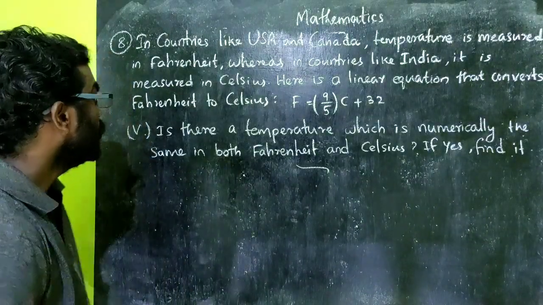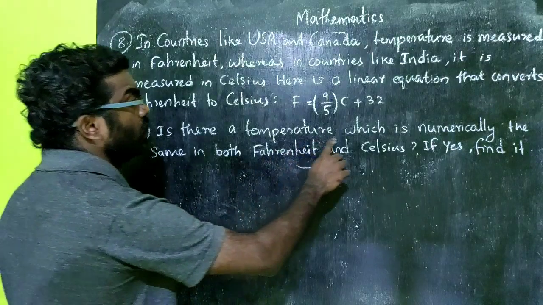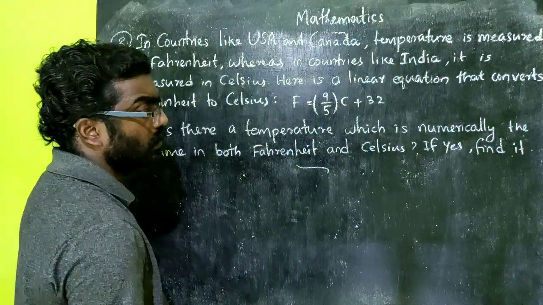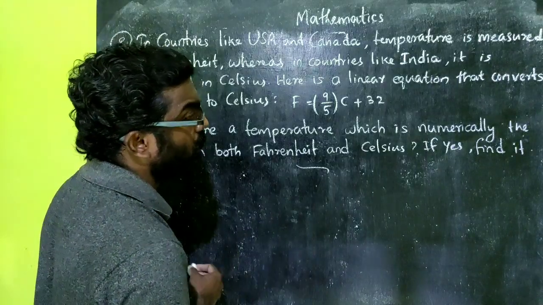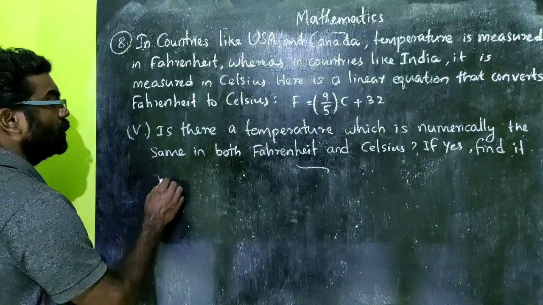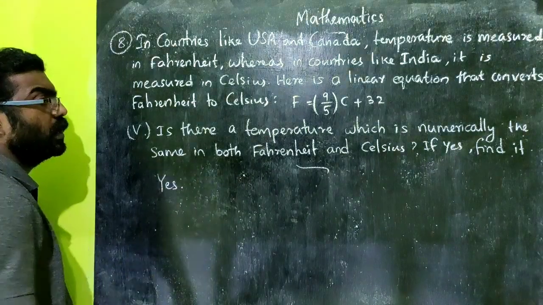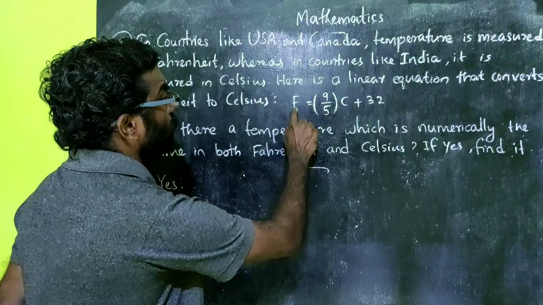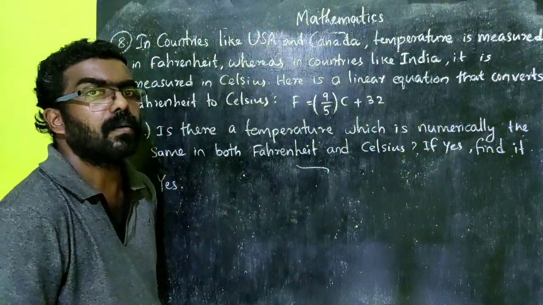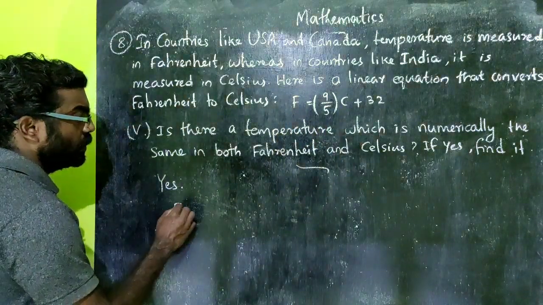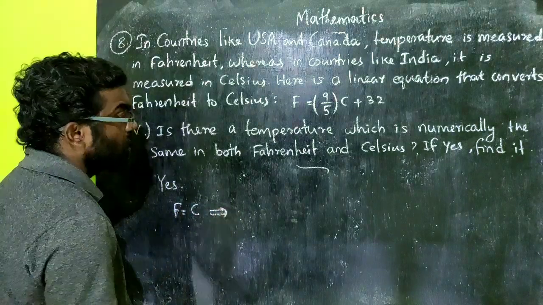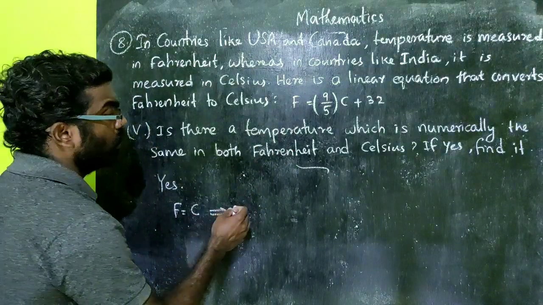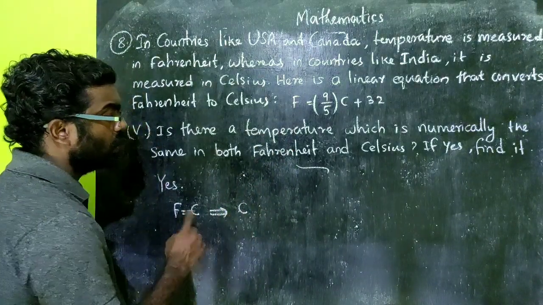Now the last sub question is, is there a temperature which is numerically the same in both Fahrenheit and Celsius? If yes, find it. Okay, the answer is yes. We can find it. Here we have to find a value at which both F and C are equal. So F is equal to C implies, here we can replace F by C or C by F. I am going to write F by C. Both are the same.